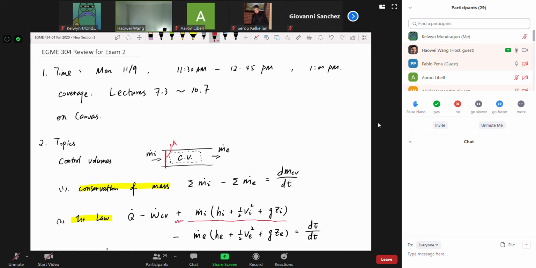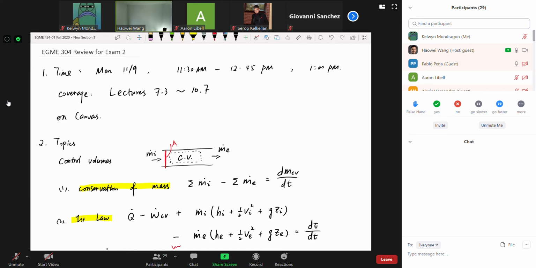Therefore, it has a plus sign. And then the same thing happens at the exit. However, energy leaves at the exit. Therefore, you have a negative sign, subtraction. Subtract the total energy lost at the exit. And again, same three terms, enthalpy, kinetic, and potential. Right-hand side, dE over dt. Right, so that's our first law.